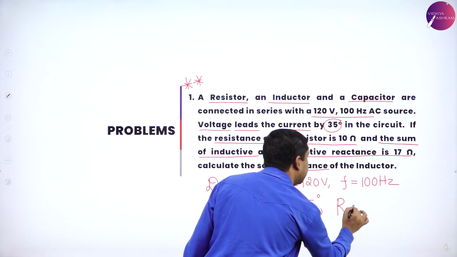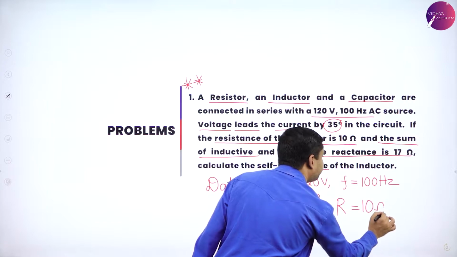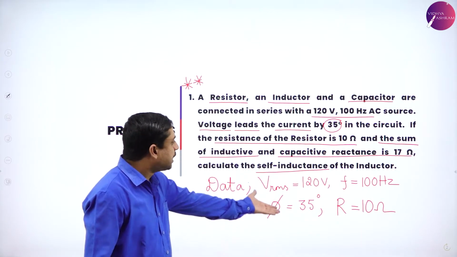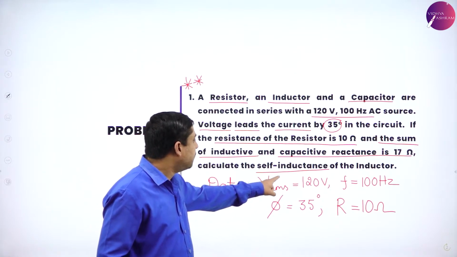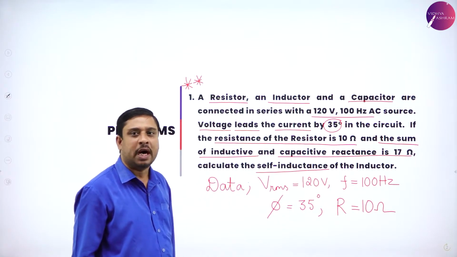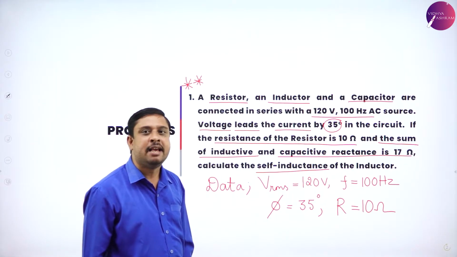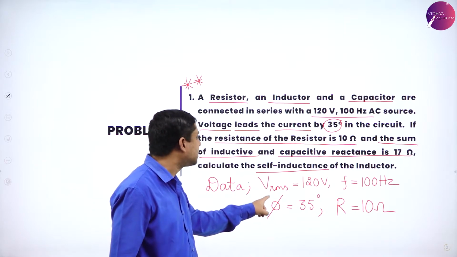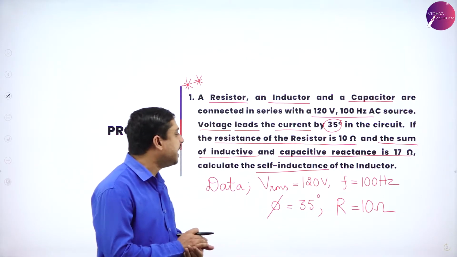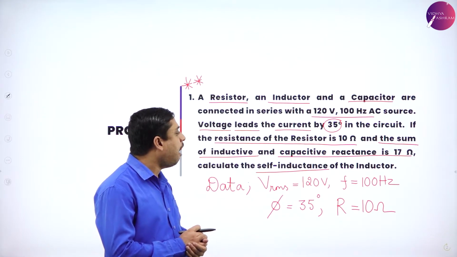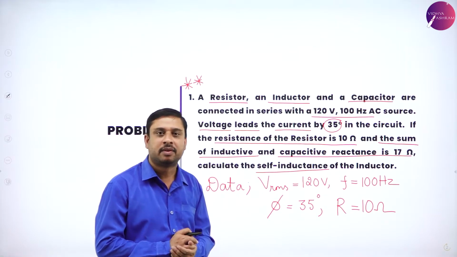Resistance is 10 ohms. So this is the basic data I have. VRMS 120 volts, frequency 100 hertz, phase angle 35 degrees, and resistance 10 ohms.